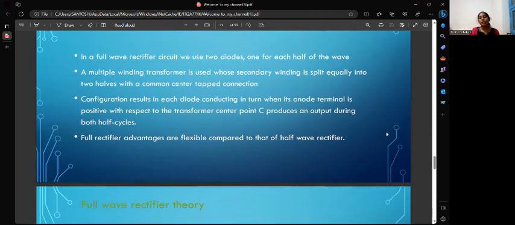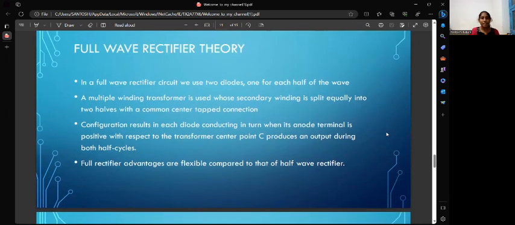Let's go through the theory of full wave rectifiers. In full wave rectifiers, we can use two diodes, as I said before, one for each half of the wave. A center tap transformer is used whose secondary winding is split equally into two halves with a common center tap connection.